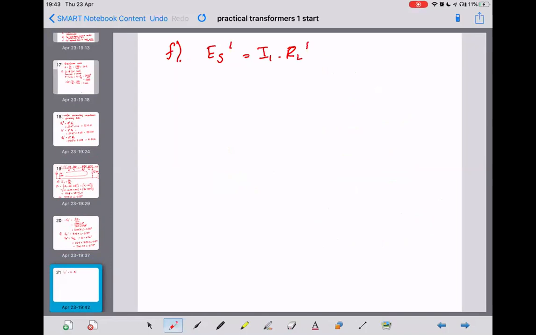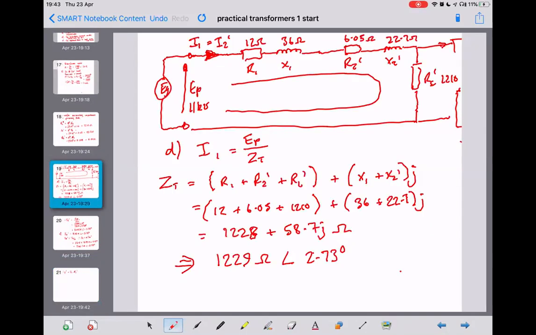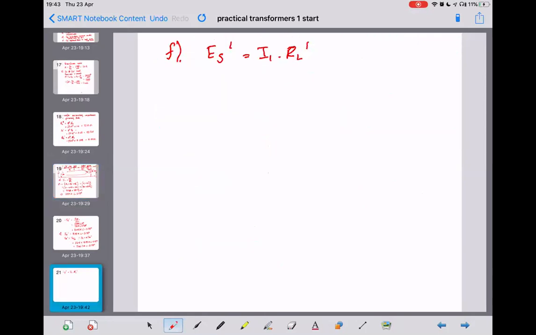We go back to our drawing. We're calculating this voltage here, E2 or ES dash. And then once we've calculated it, we can transfer it back.